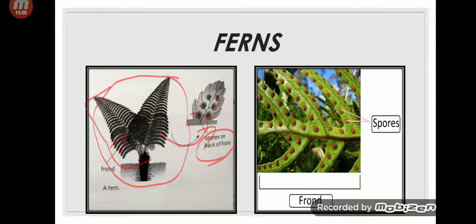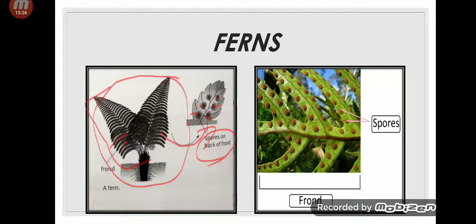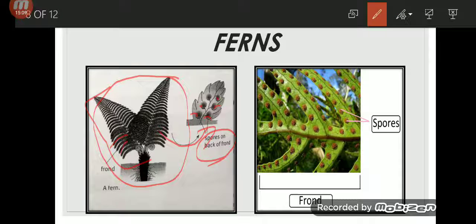Here I will show you a real picture. See, this is a fern. When I say fern, you know that this is a plant. This whole thing is a frond.